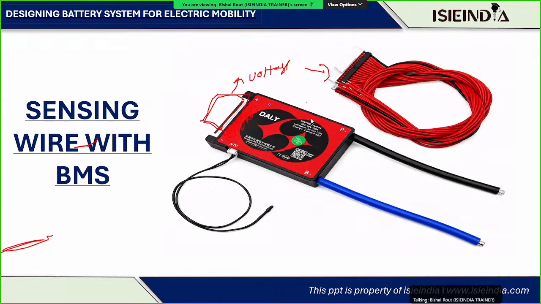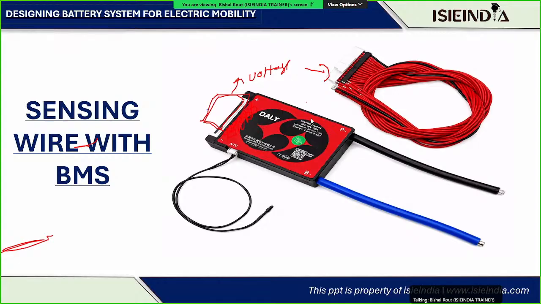If we open this battery management system, we will find an IC. That IC has 17 wires, and it has a multiplexer and voltage sensing functions. That IC is manufactured by multiple companies like Texas Instruments and Analog Devices. These companies manufacture the voltage sensing ICs, and these sensors are placed over here embedded.